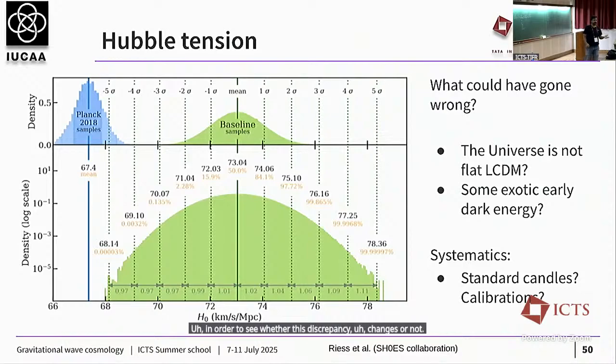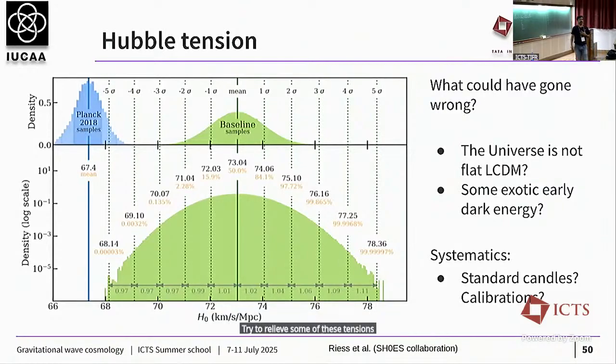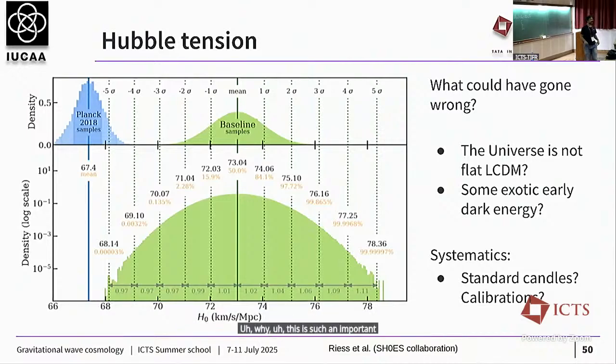So for example, people have thought about early dark energy models, which can also try to relieve some of these tensions. It's very hard to do. If you try to fix this, then something else breaks. Okay, so that's the reason why this is such an important tension. It's very hard to understand what is going on. But as you know, there are all sorts of systematics as well.